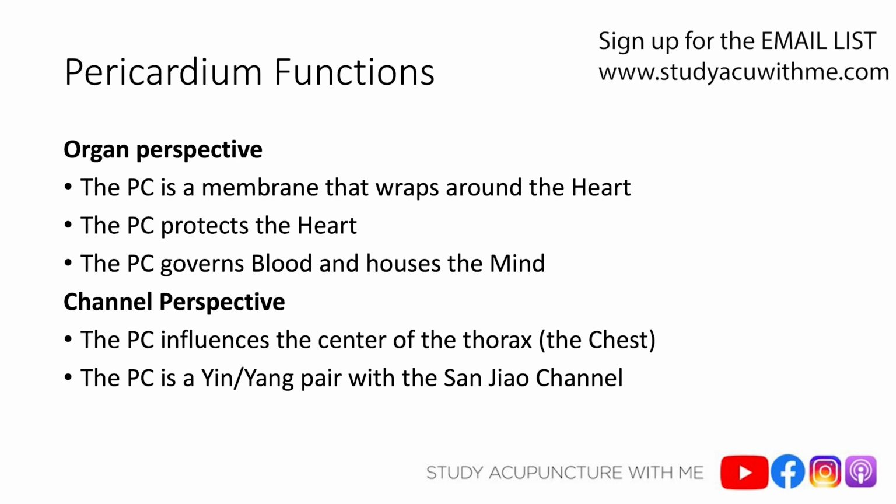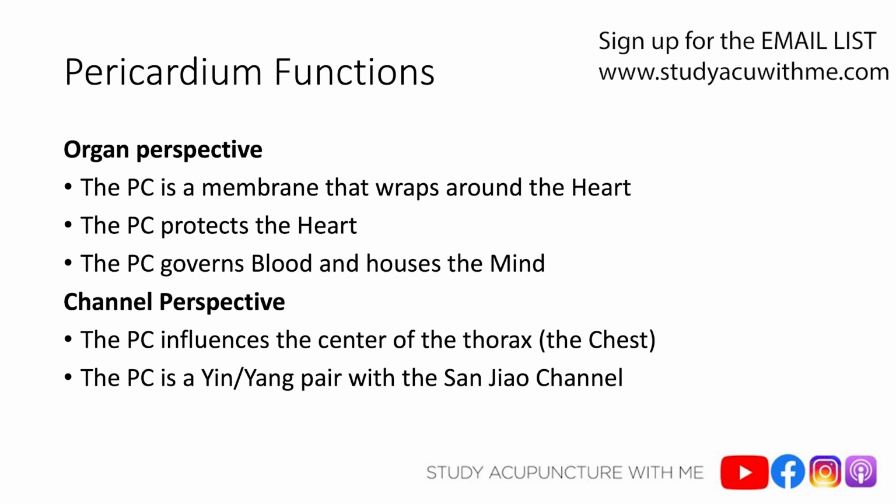So these functions are very similar to the heart functions, which are to govern blood and to house the mind. So from an organ theory perspective, the pericardium has functions to wrap the heart, protect the heart, govern the blood, and house the mind. All right, now let's talk about the pericardium and its functions from a channel perspective.